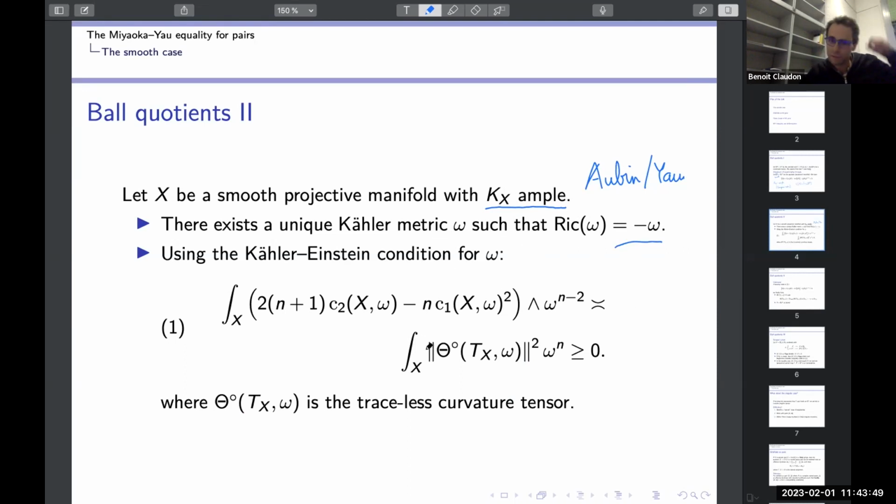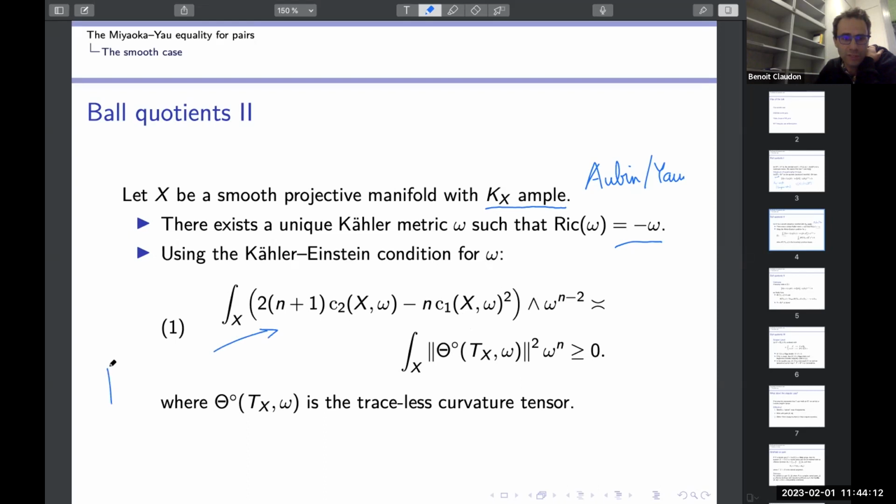And now we can use this Kähler-Einstein condition for omega, and we compute the Chern classes of X with respect to omega, so the c_1 and the c_2, and we compute this whole expression.